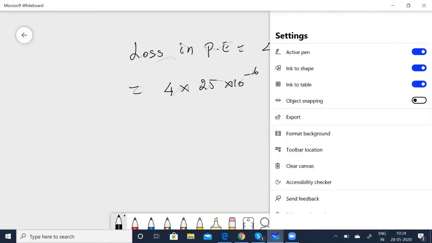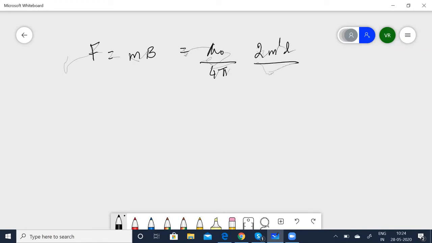Now we know that F is equal to mB, and since it is the axial line, mu 0 by 4 pi into 2 m dash L by d cubed, into m. Since it is a small magnet, you can take it directly. In the NEET lessons, we had taken it as x squared or x cubed.